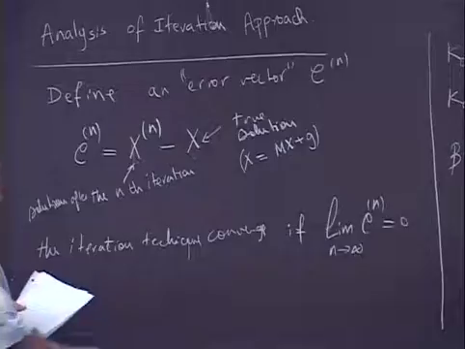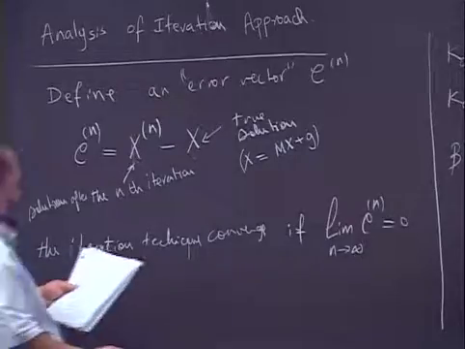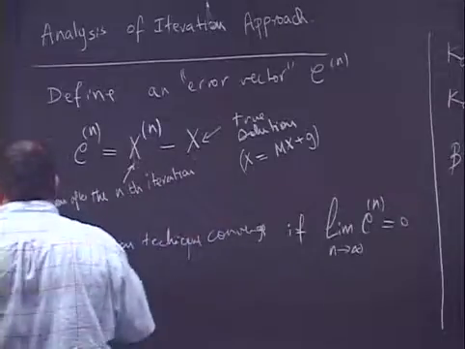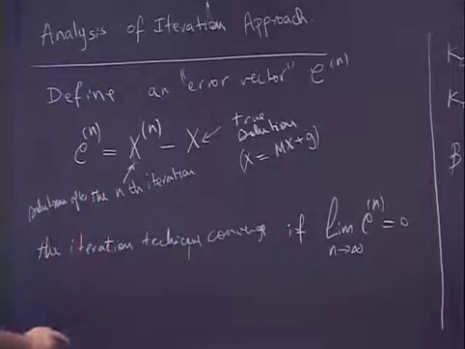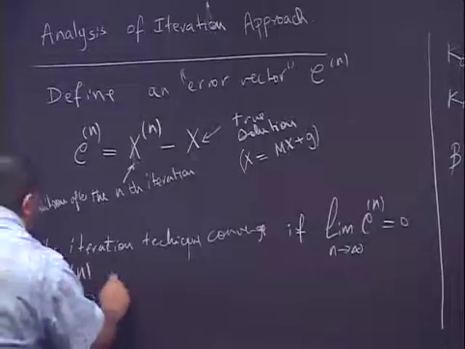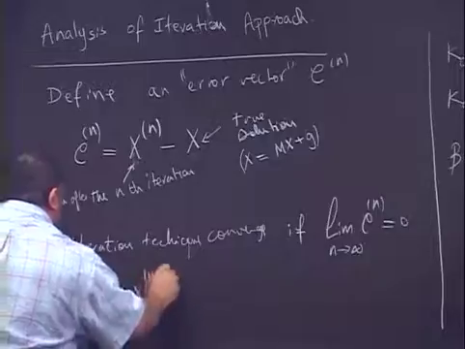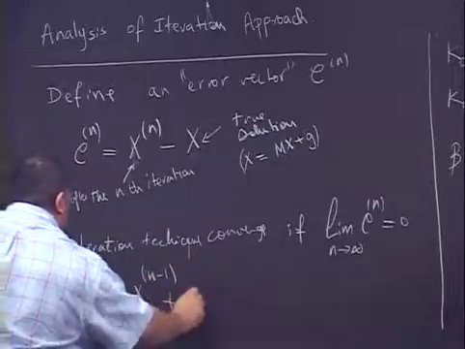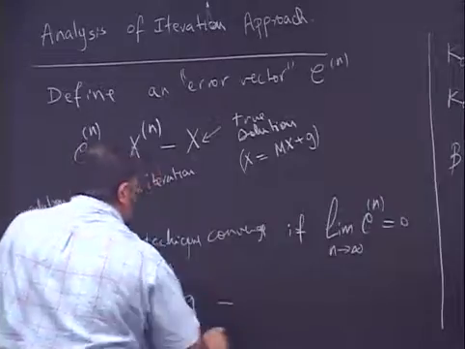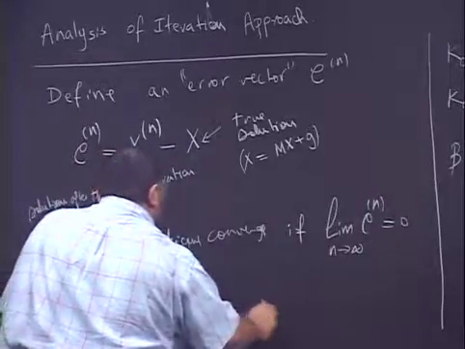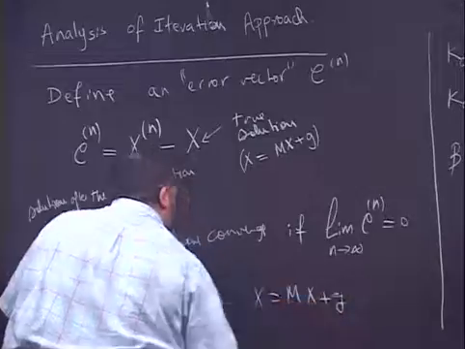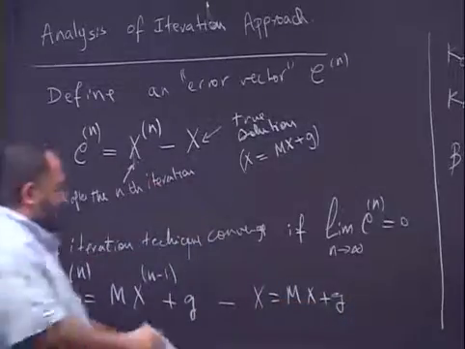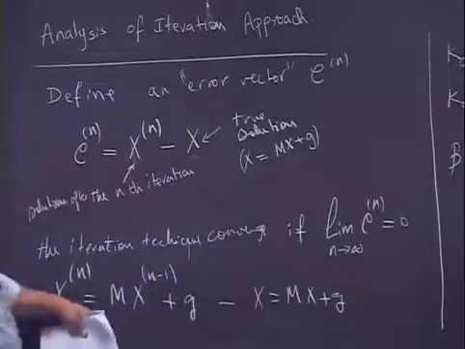So now I will subtract from this equation, Xn equal to M X(n minus 1) plus G, the original equation, X equal to M X plus G. This is the exact equation, but the other is the numerical analysis equation.